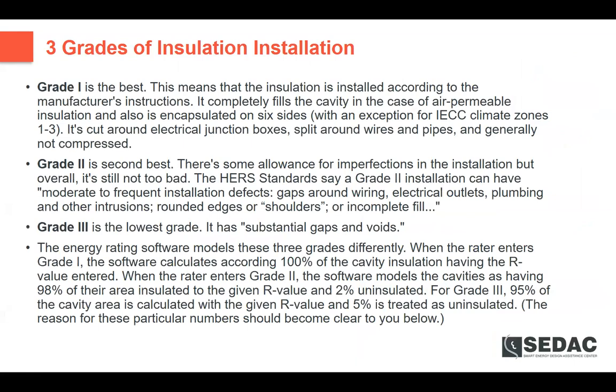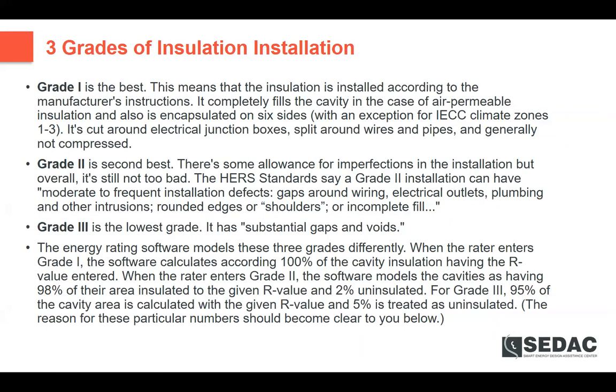Obviously grade 1 is the best, where all the insulation was installed per the manufacturer's directions, fills all the cavity, is not compressed, and is cut and split around pipes and wires as appropriate. So with grade 1, you're getting an A for your installation.